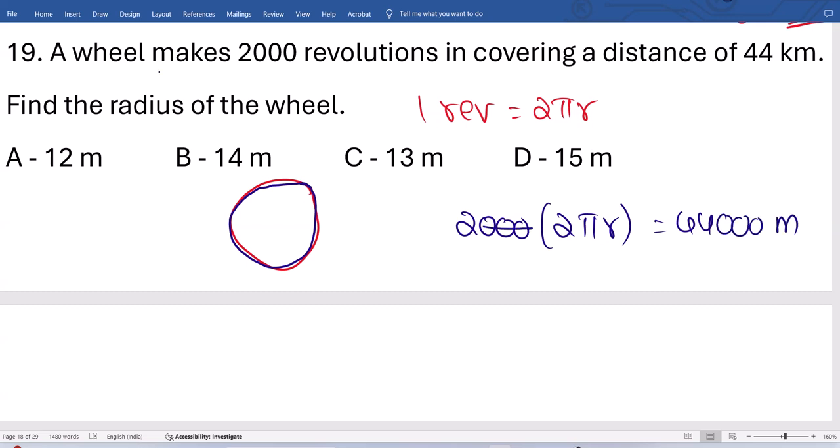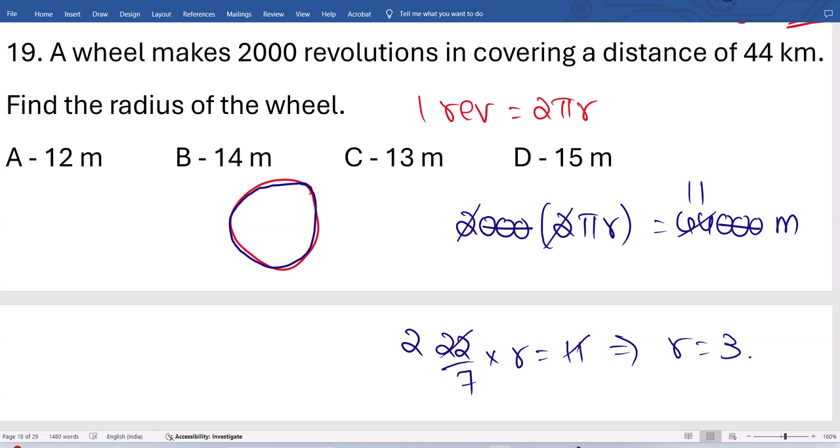Now this thousand is gone. This 2 into 2, 2 into 2 here. 11. Pi is 22 by 7 into r is 11. R is 7 by 2, 3.5. 3.5. All options are out.